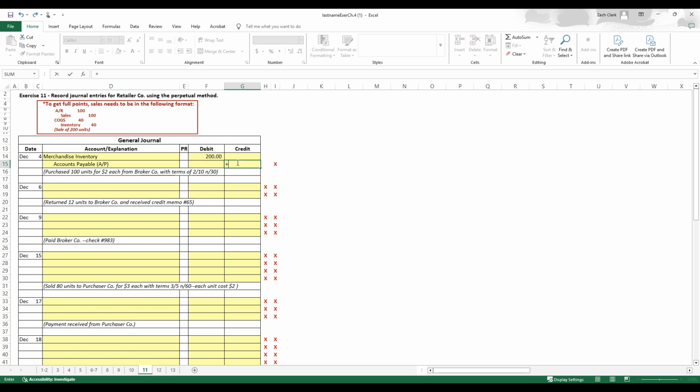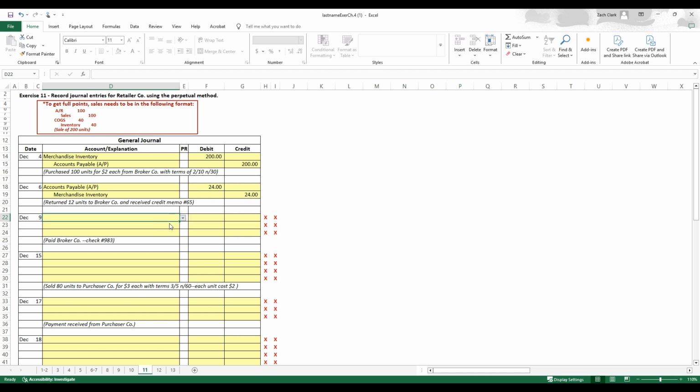We're paying $2 a piece for those units. Now we're going to return 12 units, and we're going to basically reverse that original entry. And then we're going to pay this bill here, and we are paying 5 days later. We had 10 days to get a 2% discount, so we're going to get a discount.